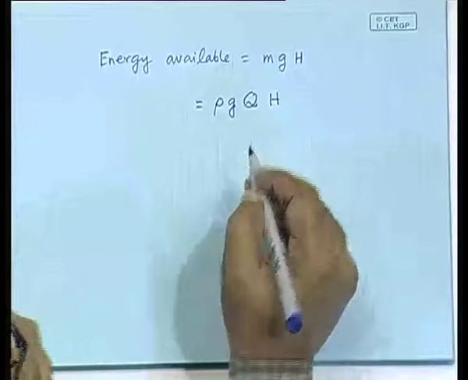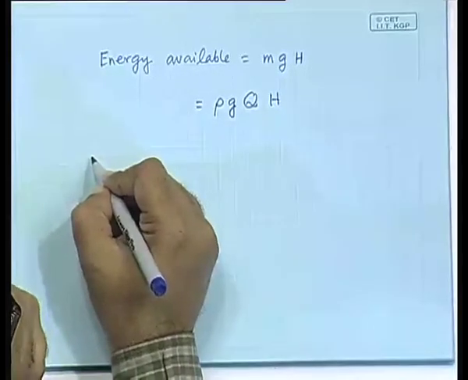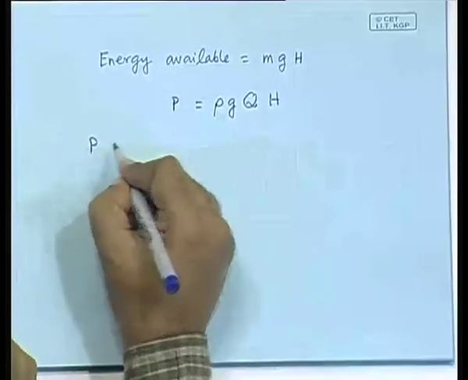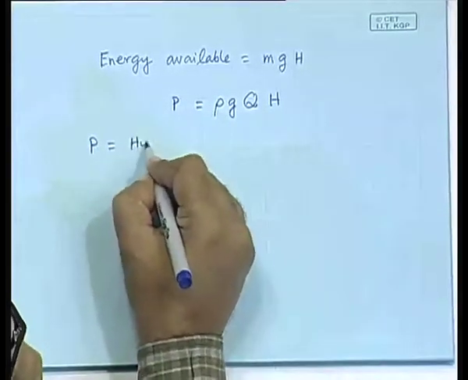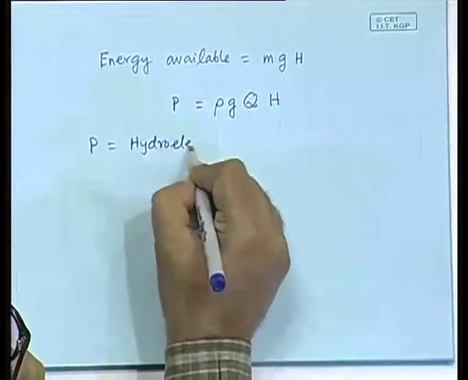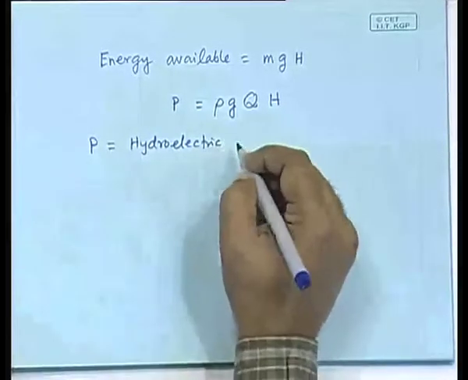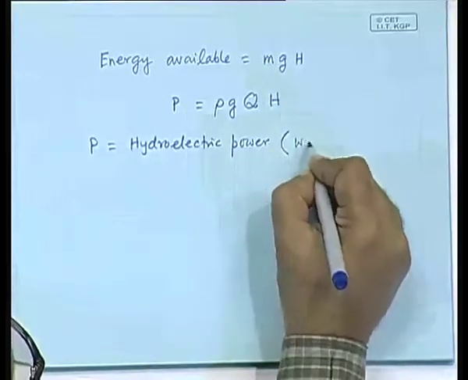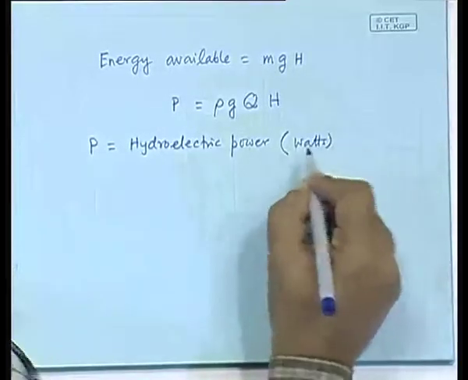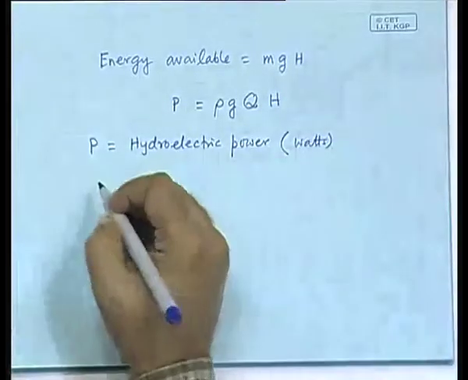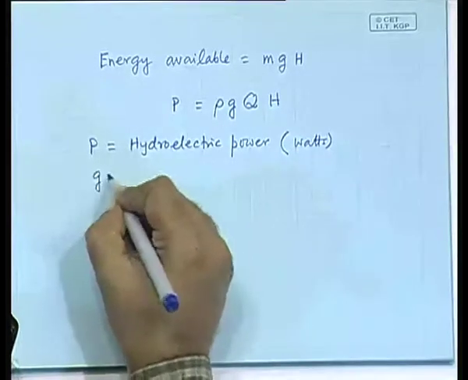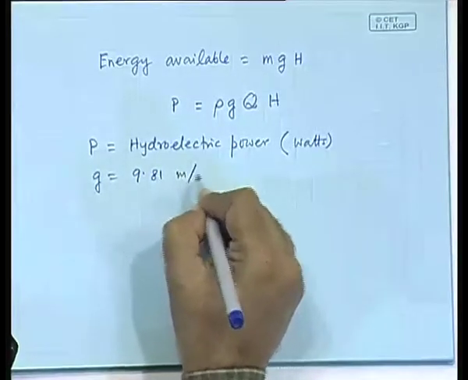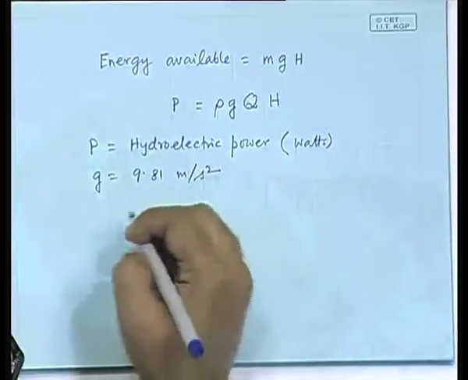Now, how are they expressed? So this is P. Power is then the hydroelectric power in watts. Normally, we would write it in megawatts though. I am writing only the basic unit. g is obviously known.